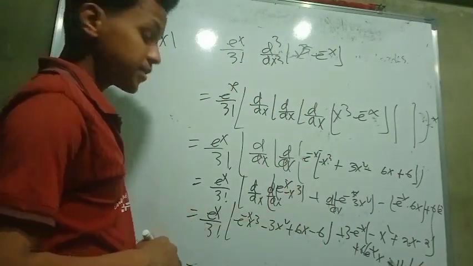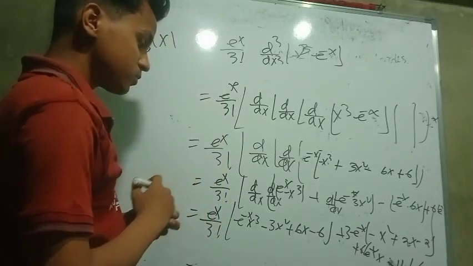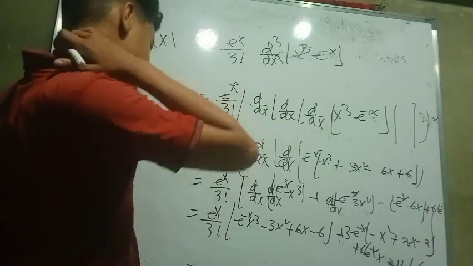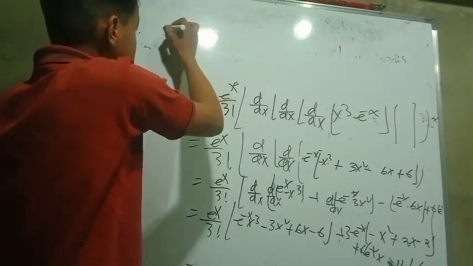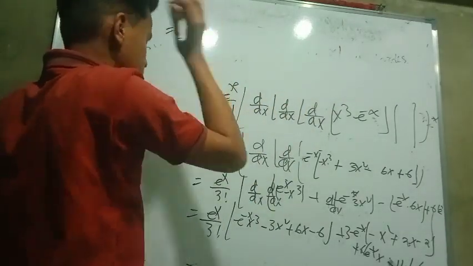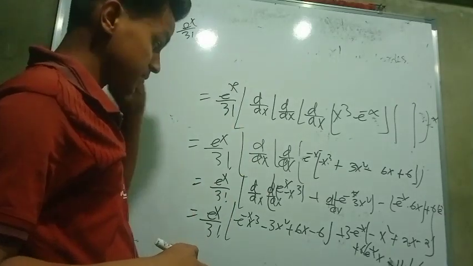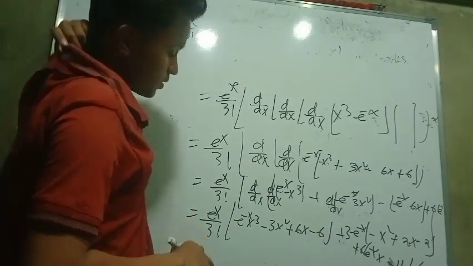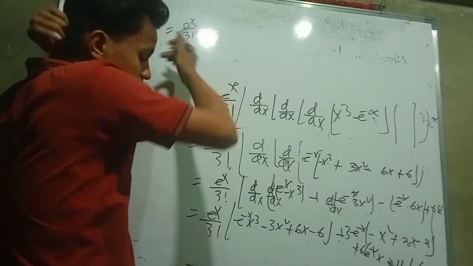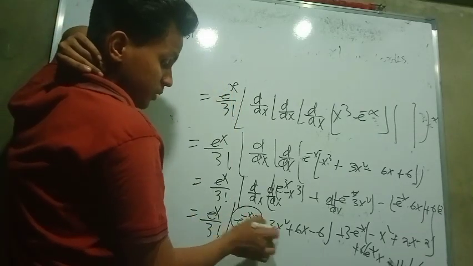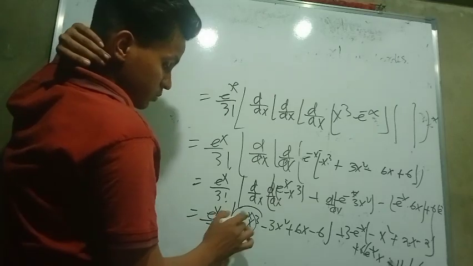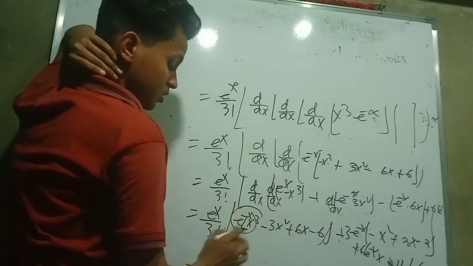Now find the next term. After that you get e^x upon 3 factorial. Now we have to differentiate this term. This term will be the same. Now be careful, since e^x is separated, this is under the bracket.